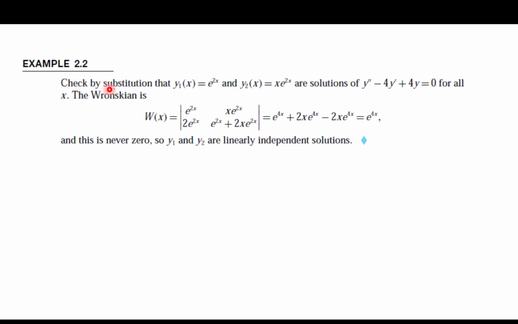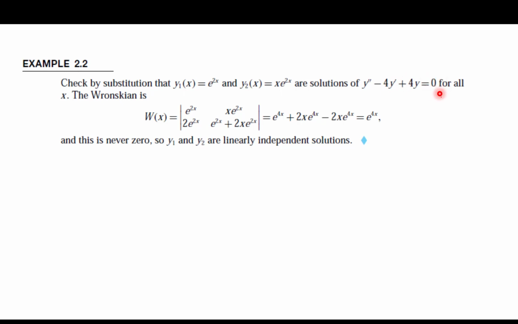Check by substitution that y1 of x equal to e to 2x, and y2 equal to x e to 2x, are solutions for this homogeneous differential equation: y double prime minus 4y prime plus 4y equal to 0.